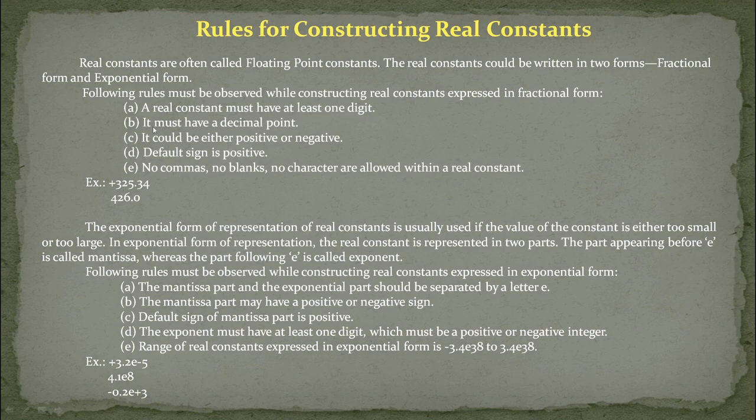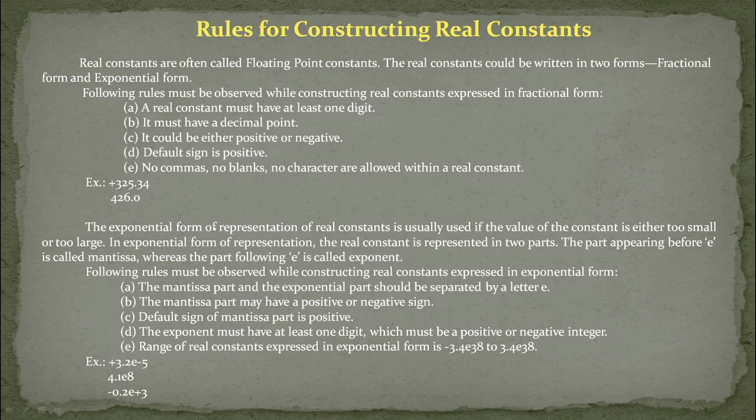It must have a decimal point. It could be either positive or negative. The default sign is positive. No commas, no blanks, no characters are allowed within a real constant.